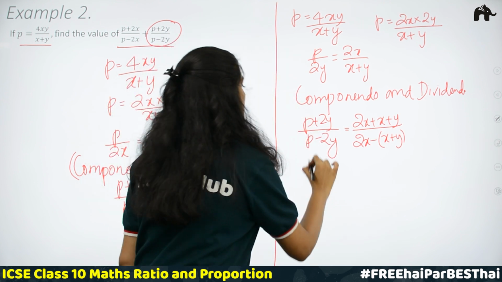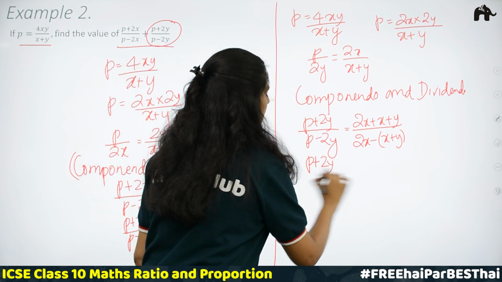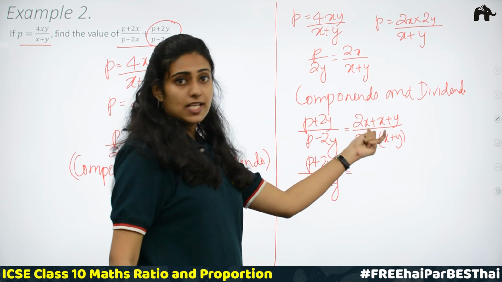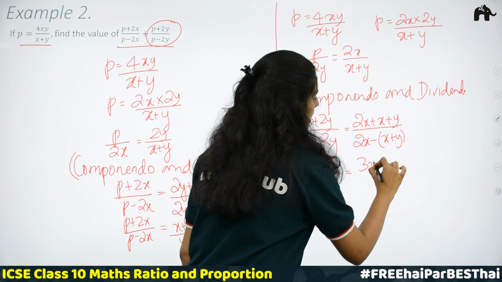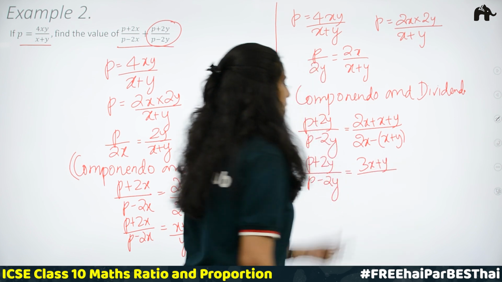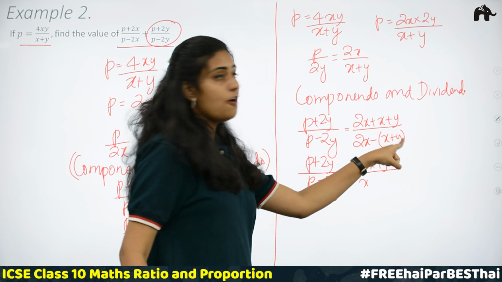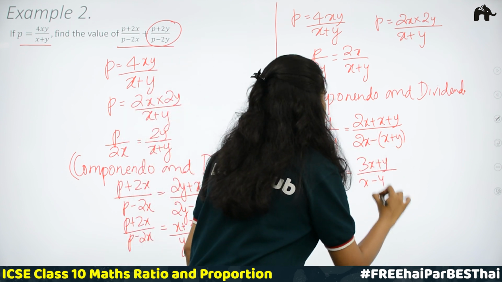That is, p plus 2y divided by p minus 2y is equal to 2x plus x, 3x, plus y divided by 2x minus x, x, minus of y, minus y.